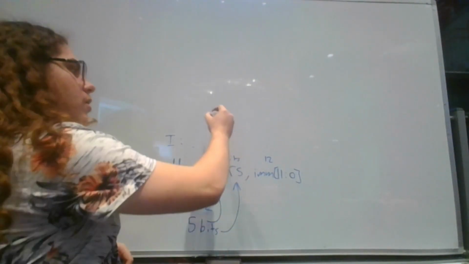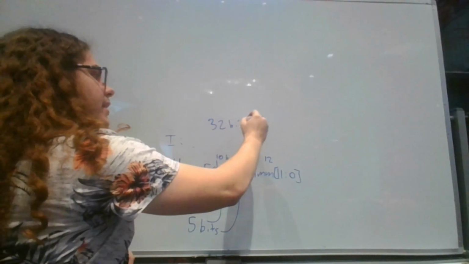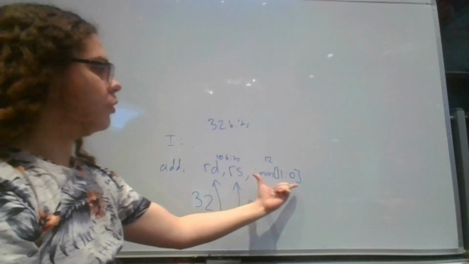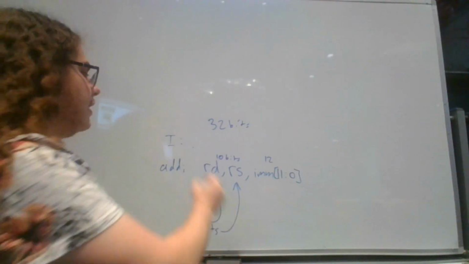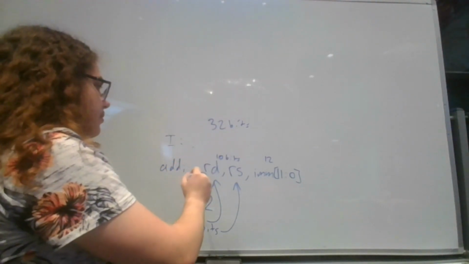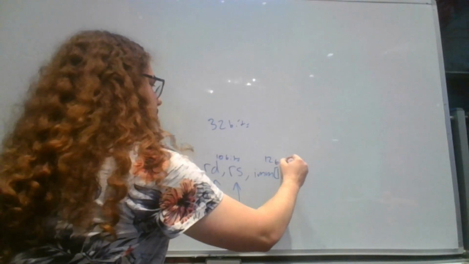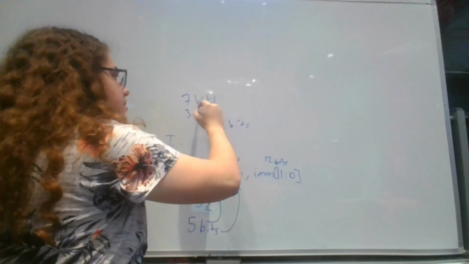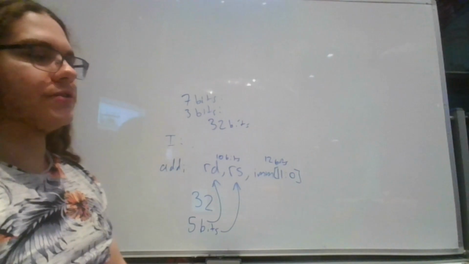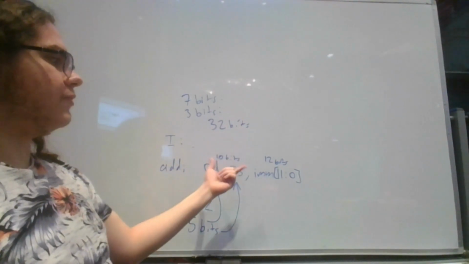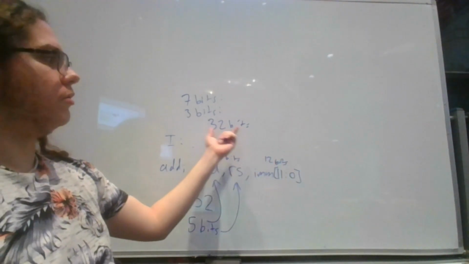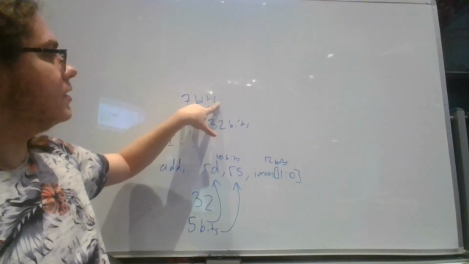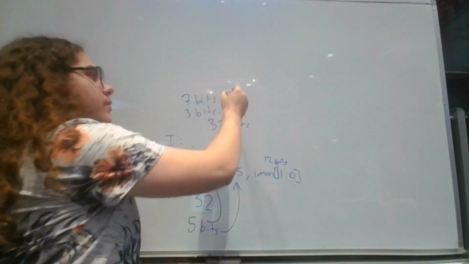So, there are a total of 32 bits in the entire encoding. 10 of them are used up, 5 for each register encoding. 12 of them are used up to make the immediate. 7 bits and 3 bits are left over and split into 2 categories. So there's a total of 32 bits. I've used 10 and 12, so that's 22. So 32 minus 22, that's going to be 10 left. And I split them up into these 2 groups. The 7-bit group is going to be for what's called the opcode.